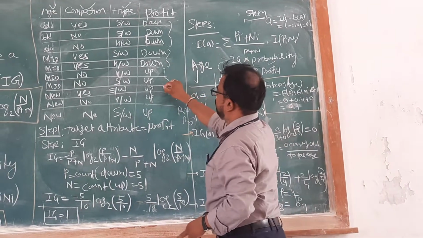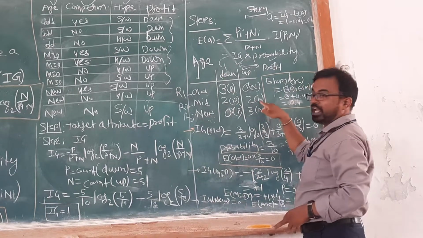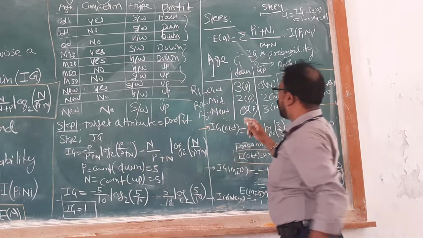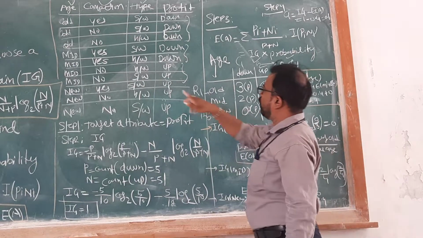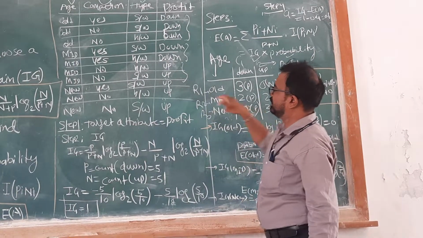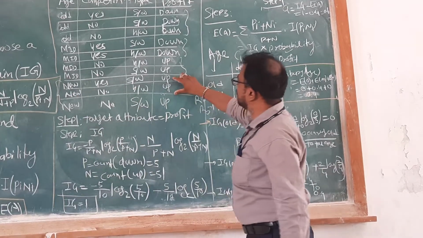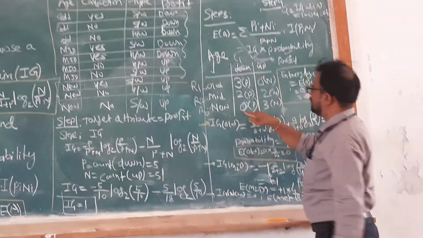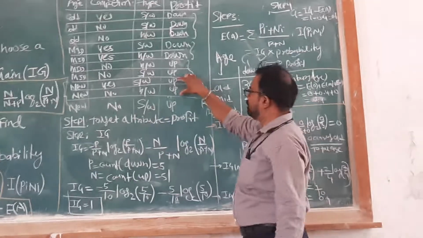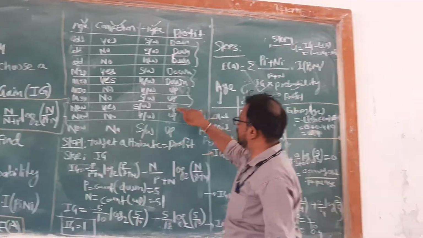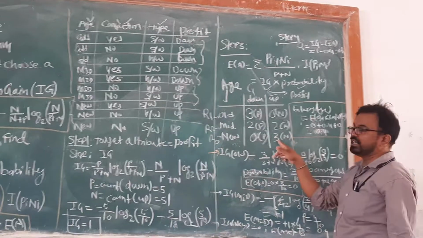We have 2, so N becomes 2. Similarly, for new, how many downs are there? Nothing, so we represent 0. And how many ups are there? 1, 2, 3. So we represent 3.